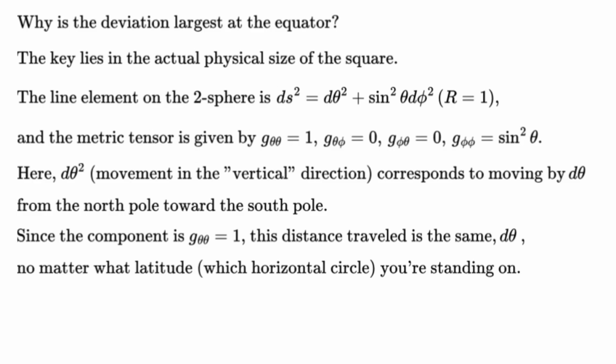Here, d theta squared, movement in the vertical direction, corresponds to moving by d theta from the North Pole toward the South Pole. Since the component is g theta theta equals 1, this distance traveled is the same, d theta, no matter what latitude, which horizontal circle, you're standing on.